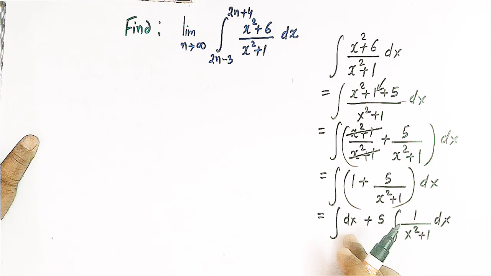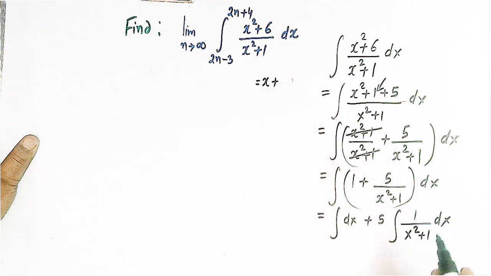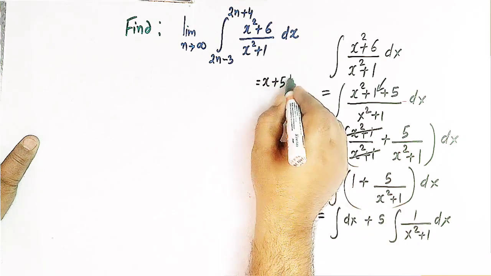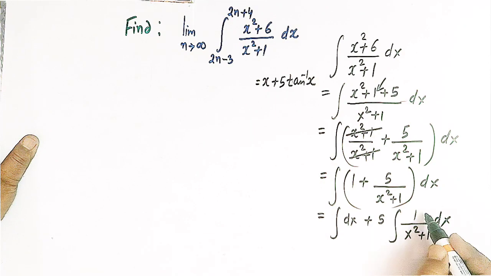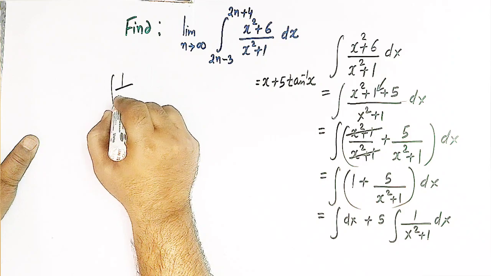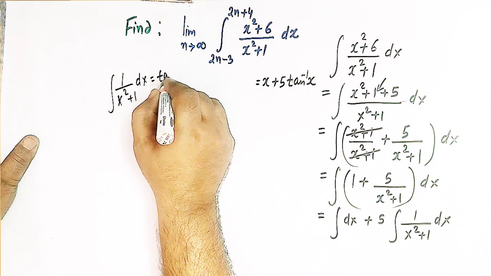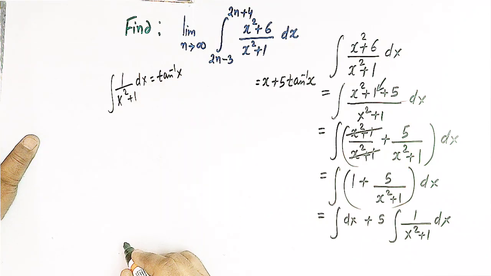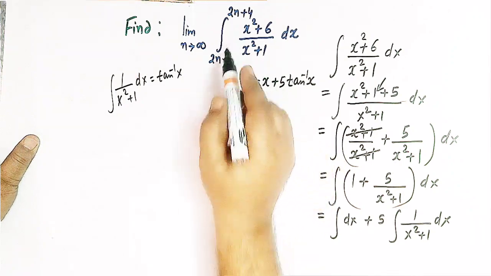The integral of dx is x, and we have the standard result from indefinite integrals: the integral of 1 over x square plus 1 dx is equal to tan inverse x.